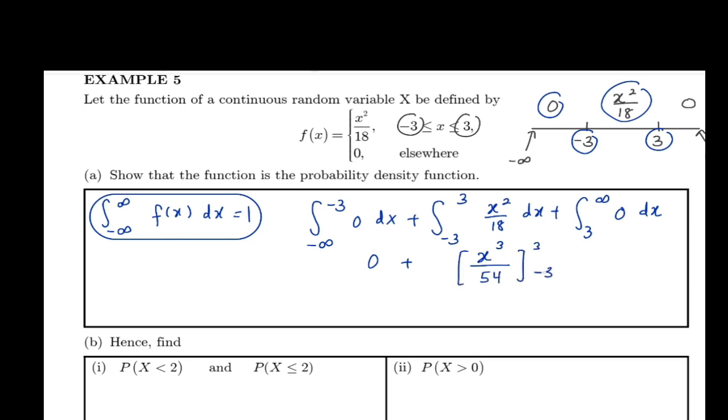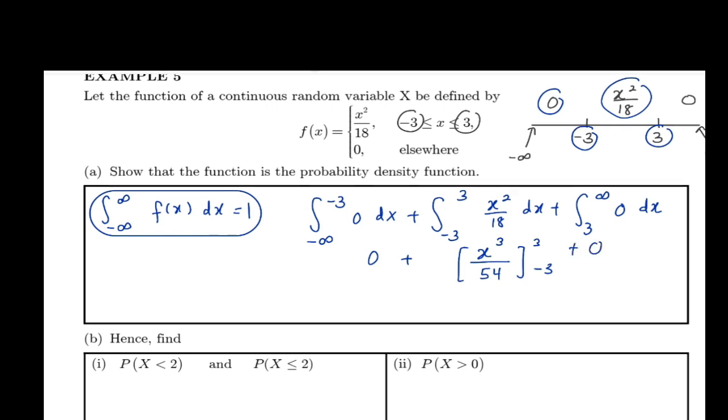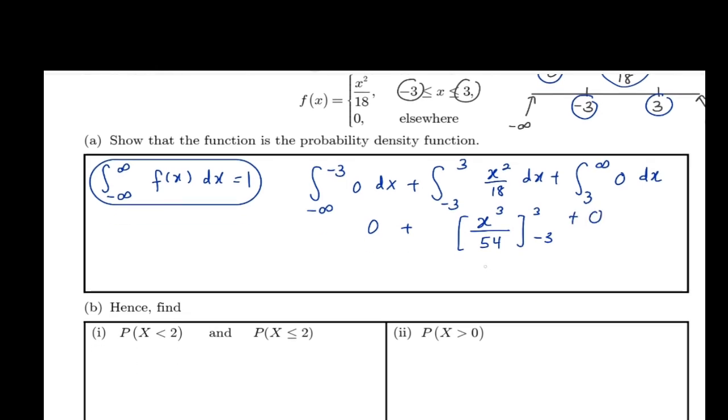Substitute 3 and negative 3, integrate 0 must be equal to 0, and then substitute the value of 3 inside x, and then negative 3 inside x, and we end up with 1. So we managed to show that the function is the probability density function.